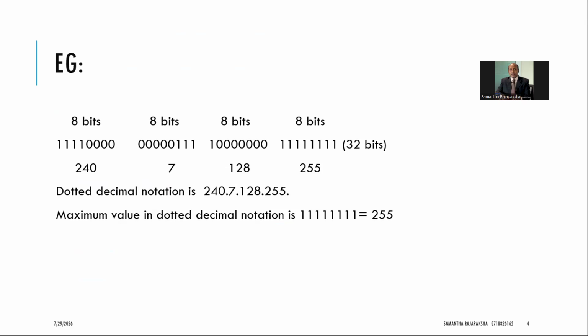One thing you should remember in the IP address: the maximum value you can get in the decimal notation is when all the bits are 1, which is equal to 255. Therefore, in an IP address, there can't be a decimal number larger than 255. If you get a number larger than 255, that is wrong. Just keep that in mind.